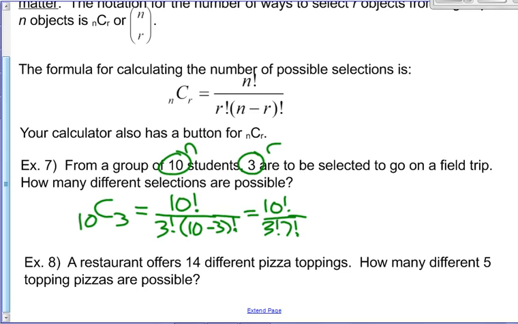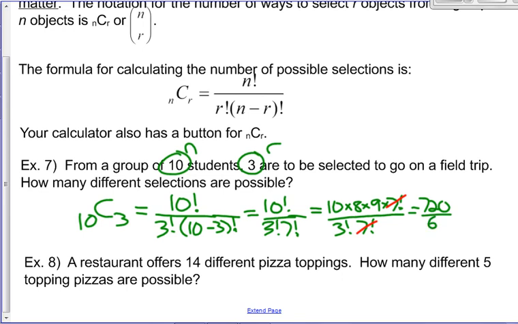Now, if I show this algebraically, let's see what's going to happen here. I'm going to have 10 times 9 times 8 times 7 all the way down, okay, over 3 factorial, 7 factorial. So those 7 factorials can go. I know that this is 720. I also know that the bottom is 3 times 2 times 1 because it's 3 factorial.